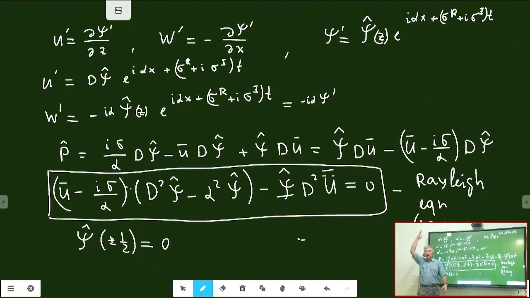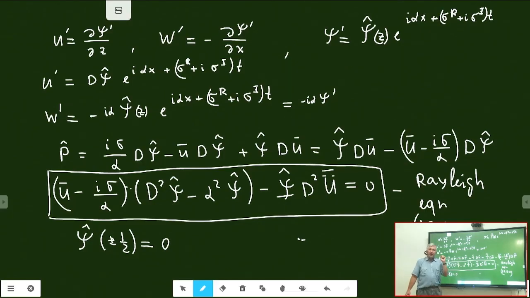So if it is just a straight line from one wall to another, then no perturbations are possible. It will be stable because you cannot really perturb it in any way. That's what that is.